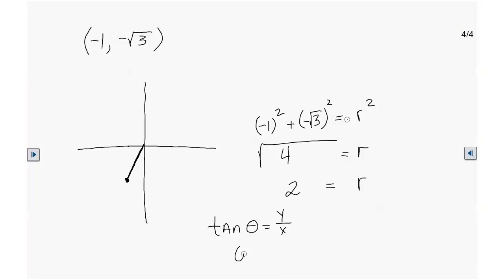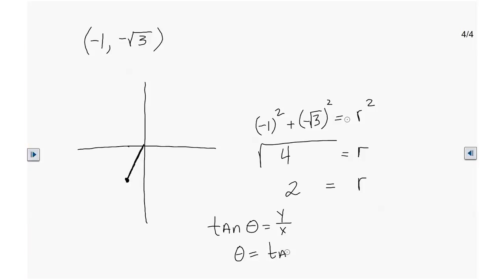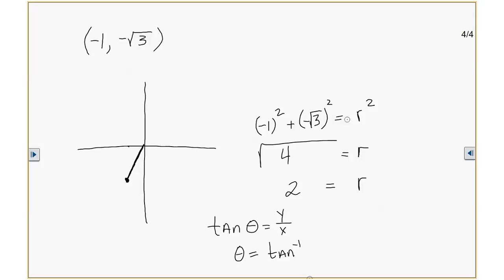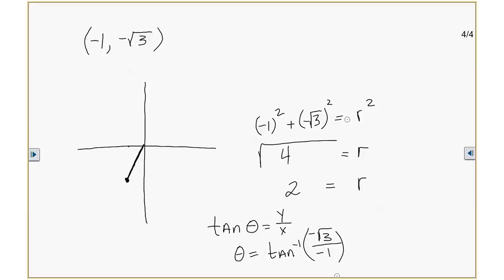So, theta is equal to the inverse tangent of what? Negative square root of 3 over negative 1. And somebody tell me what that comes out to be.